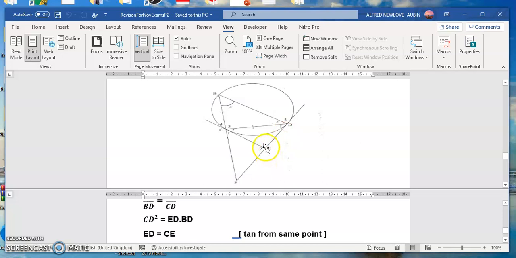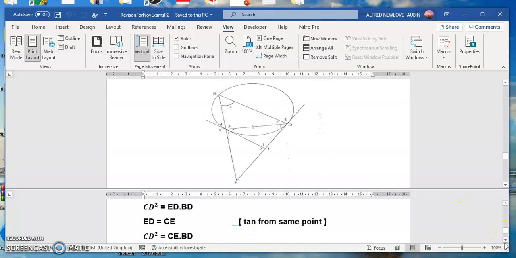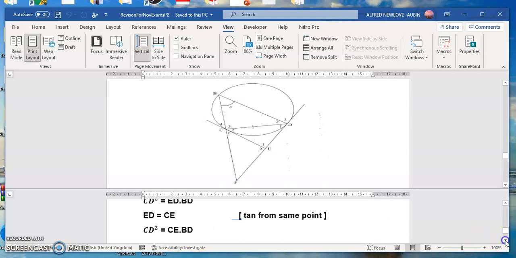And they are from the same point, E. So it means this length is equal to that length. Tangent from the same point. So in place of ED, we are going to put CD there. Good. Then that proves the question.